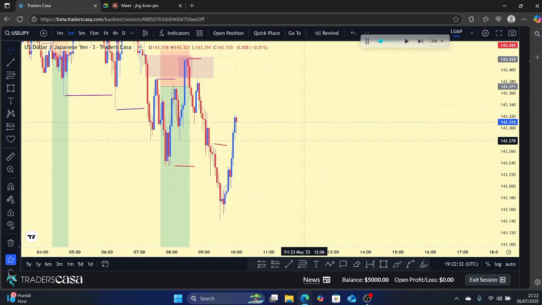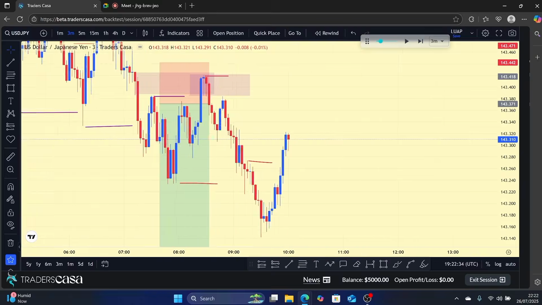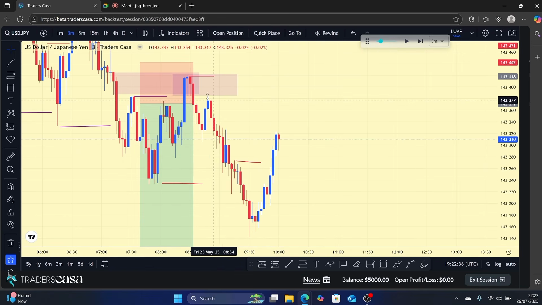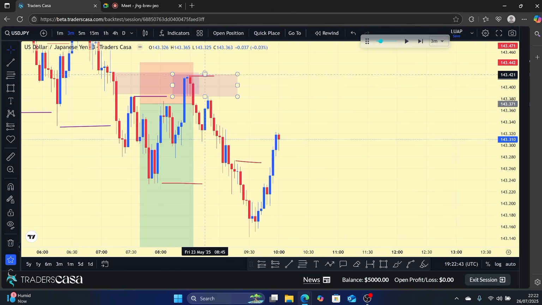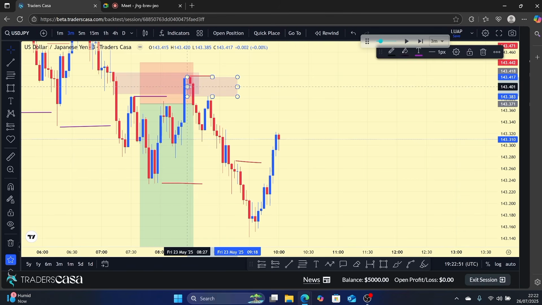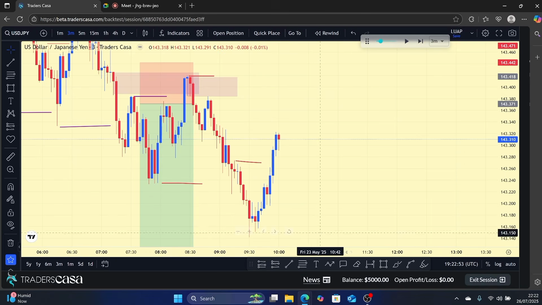Let me zoom in so that you guys can clearly see the extreme POI, the one that I'm talking about. This one here. Yeah, you can see that it's dealt with, that price has already mitigated this, or has fully filled that fair value gap, and I will be looking forward to this next one.